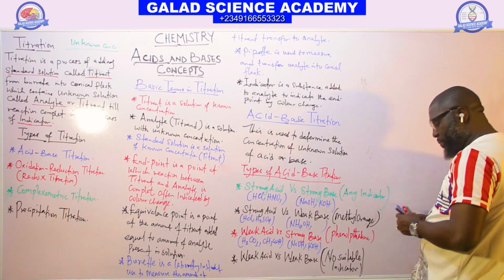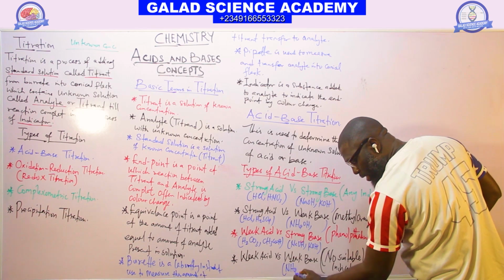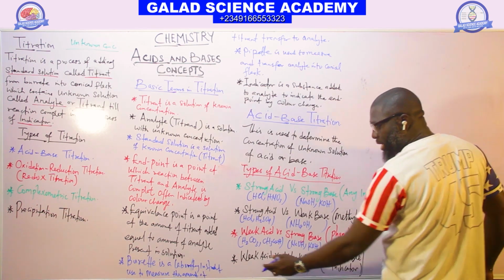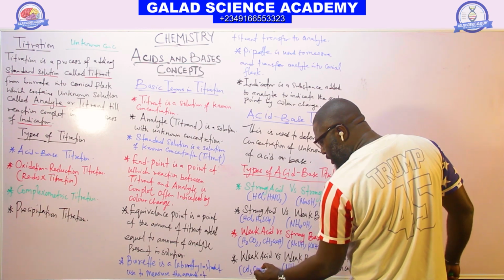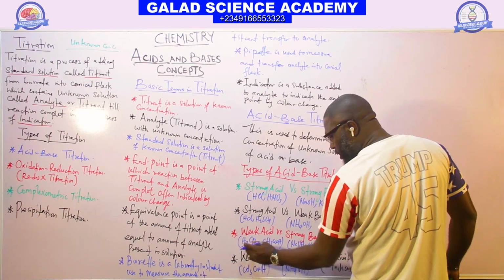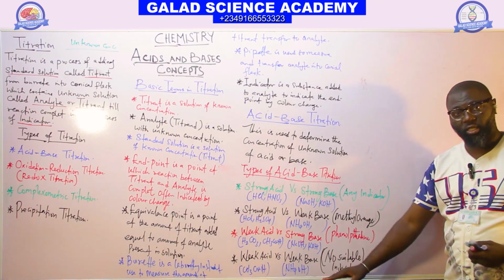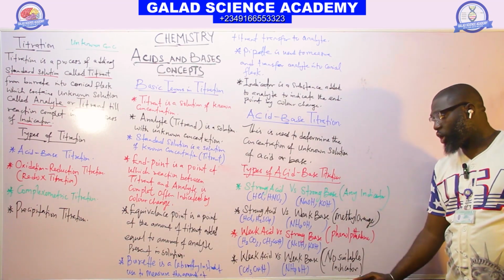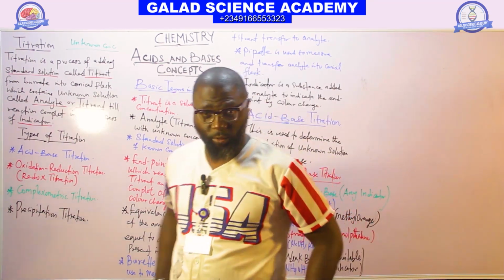Examples of weak base, we have ammonium hydroxide, and of weak acid, we have CH3COOH. These are the choices of indicator used in acid-base titration.